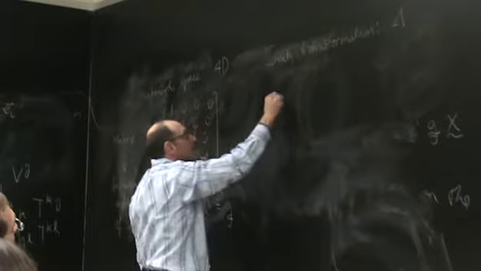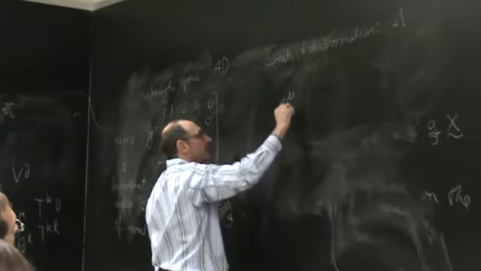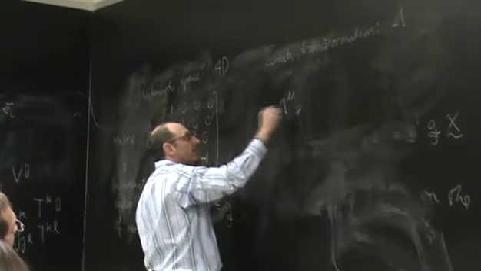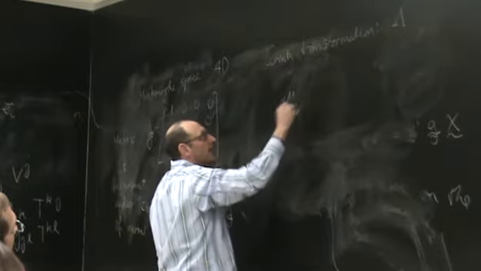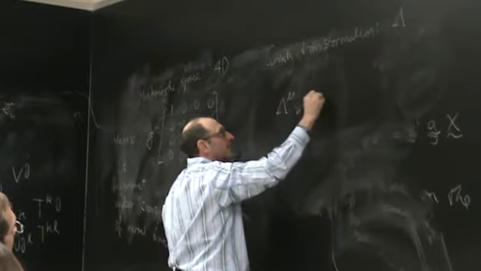So we define the Lorentz transformation as, this is the matrix elements.